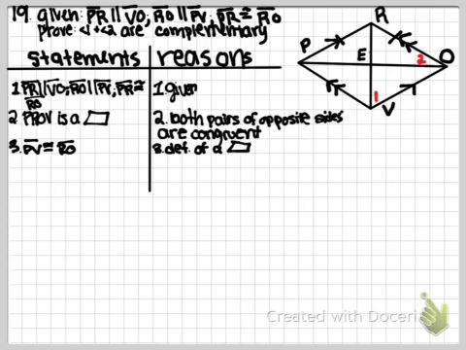So PV is congruent to RO. We'll just do a little double hash mark there. And another one we add in there is that PR is congruent to VO. So we'll go back over here.